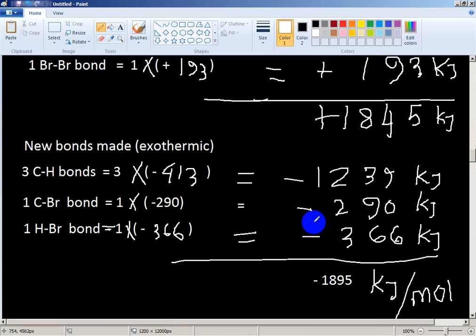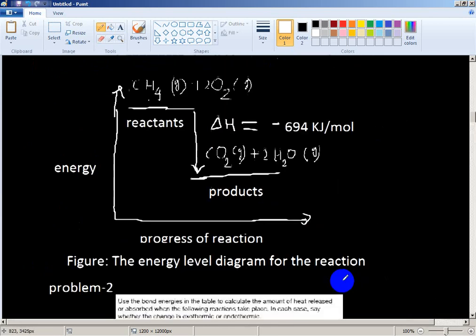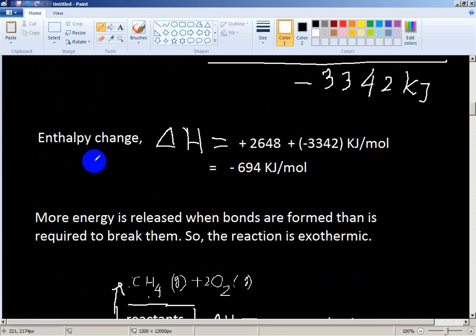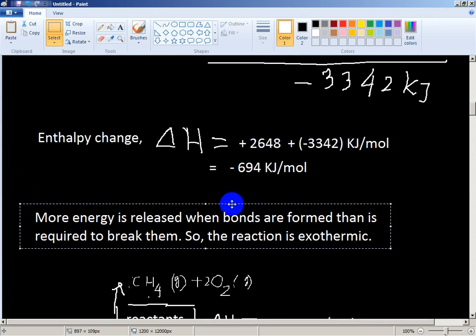Here the energy released in bond formation is more than in bond breaking. So the energy released is more, so it is an exothermic reaction. I can copy paste these things also.